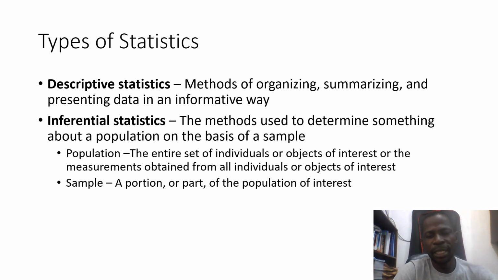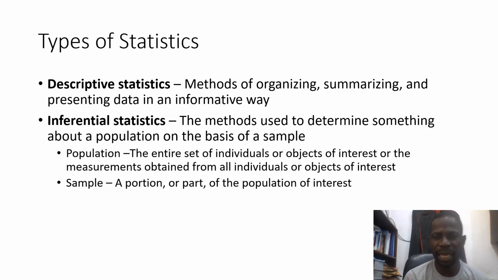Inferential statistics, the other type of statistics, is a method used to determine something about a population on the basis of a sample. Population is the entire set of individual objects of interest, or the measurements obtained from all individuals or objects of interest to the researcher.